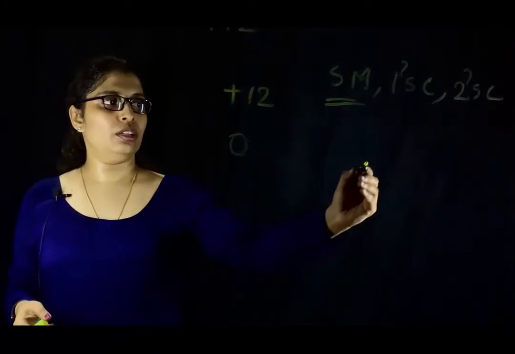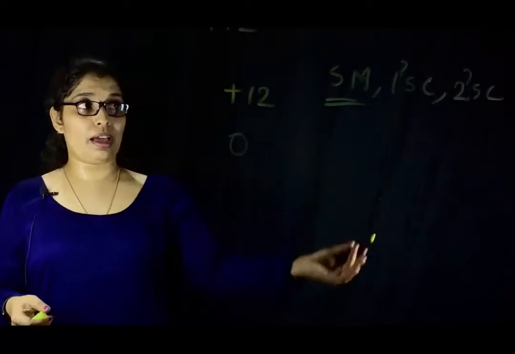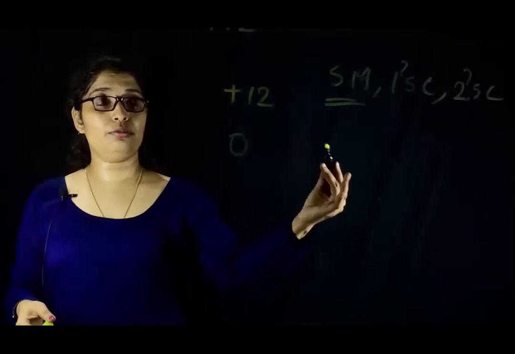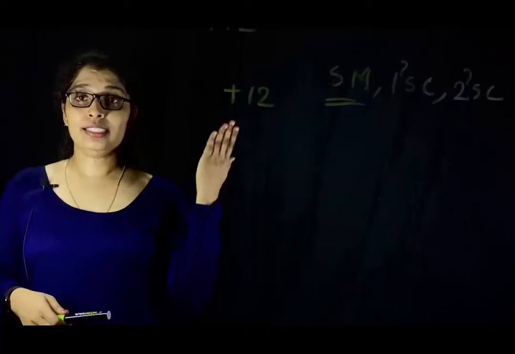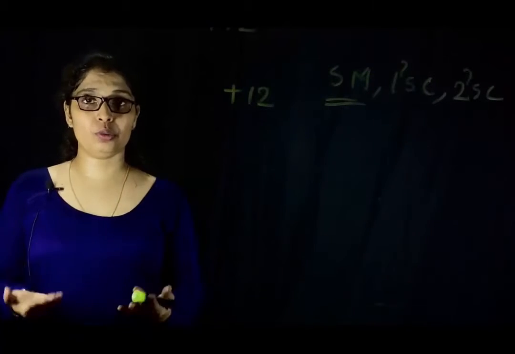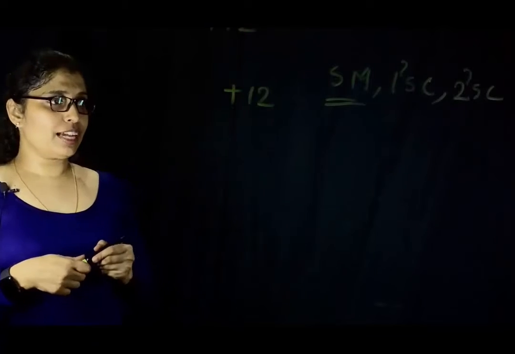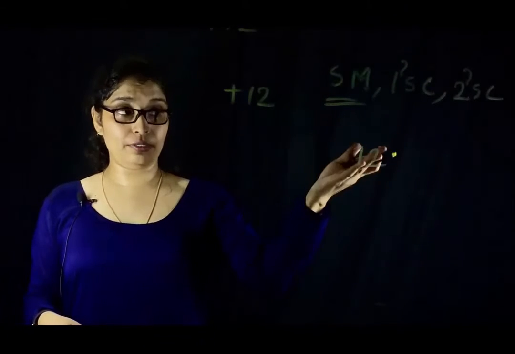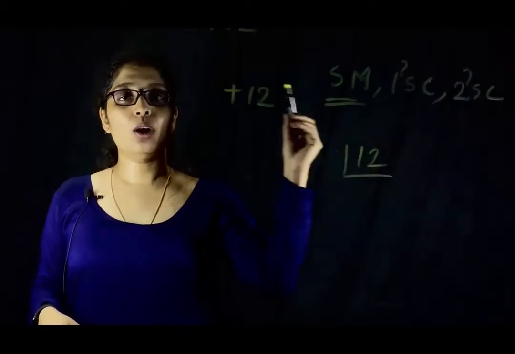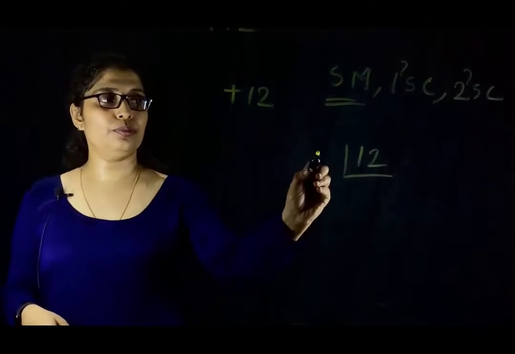We have a rule to get the binary for this decimal number 12. How to get the magnitude of positive 12 in binary? For that we have a particular rule: divide this 12 using the base of binary, that is 2.